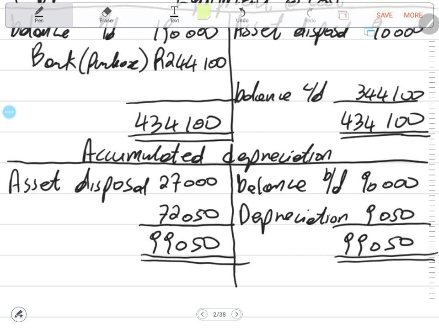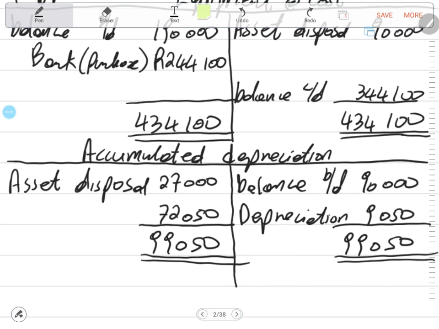So in this case, this amount is the one that we're looking for, the accumulated depreciation of the equipment that was sold. If there was no equipment that was sold, the debit side would be equal to the credit side, so the amount of 27,000 would not be there as the difference.